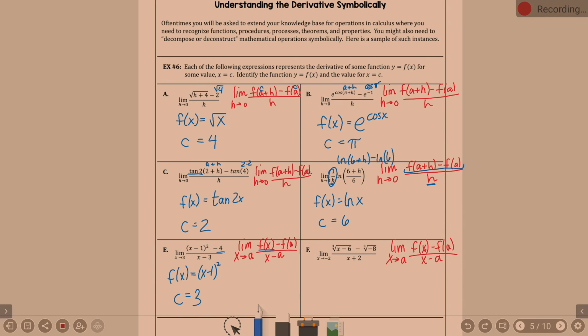Okay, what do you guys say C is? -2. And we're all good with that. You can look at it says x approaches -2, or you can look at the fact the denominator would be x minus -2. F of x is the cube root of x minus 6, because you have -2 minus 6, it's -8. That's how it works. Check yourself. Does that work? Yes, and it does.